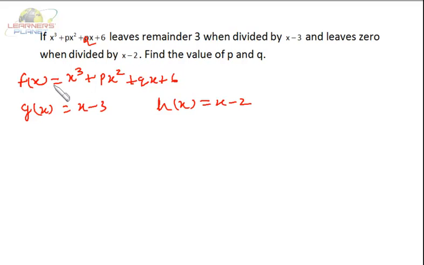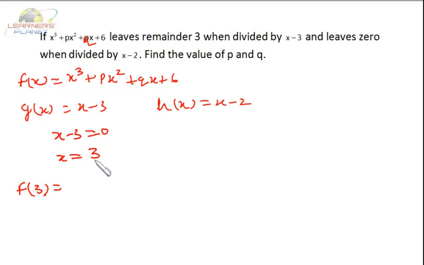Now we have to find out the remainder when f(x) is divided by g(x) and f(x) is divided by h(x). So first of all, let's divide f(x) by g(x). We will be using the remainder theorem to find the remainder in this case. First of all, equate g(x), that is x minus 3, to 0 and get the value of x. Now we have to calculate f(3), which will be the remainder when f(x) is divided by g(x).